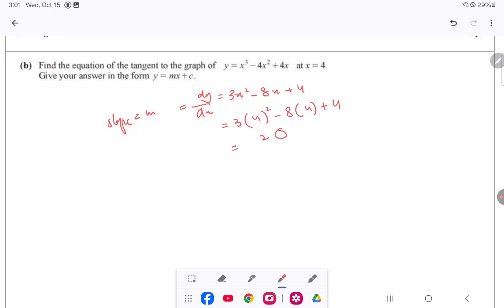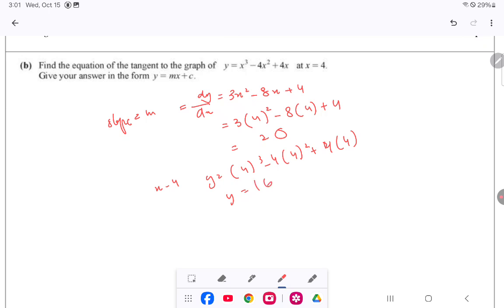Now at x is equal to 4, again in the given equation y is equal to 4 cube minus 4 square plus 4 into 4, it will give you y is equal to 16.